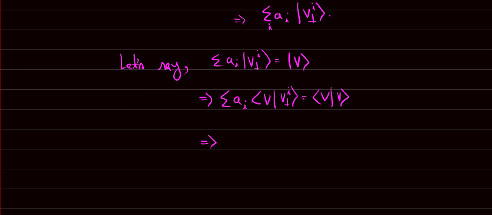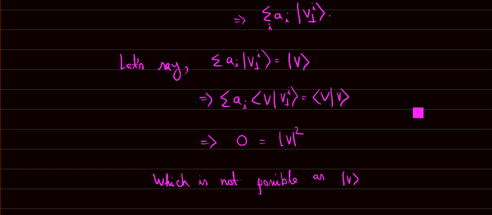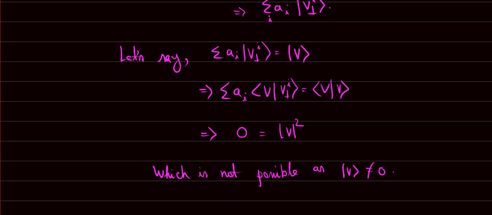Now if I take an inner product with V here, as they are orthogonal to V, we will find it is 0, and from the right side we will find the norm squared of the vector, which is not possible as in the problem V is not equal to 0.